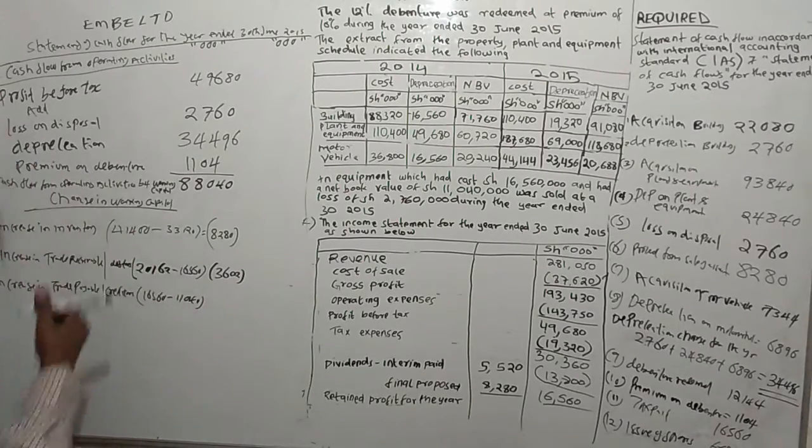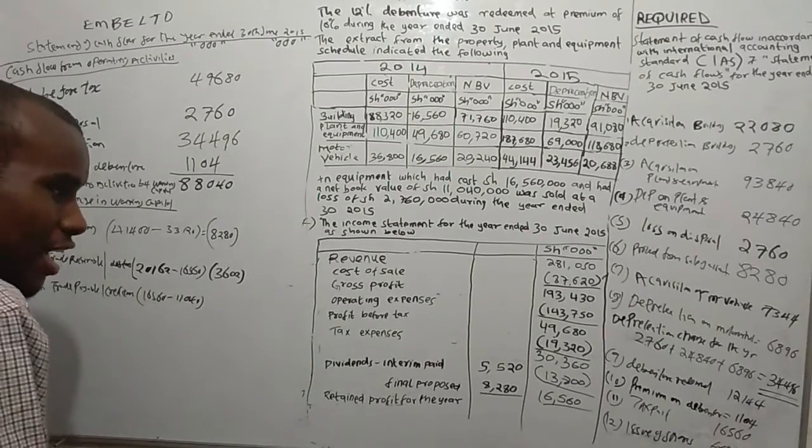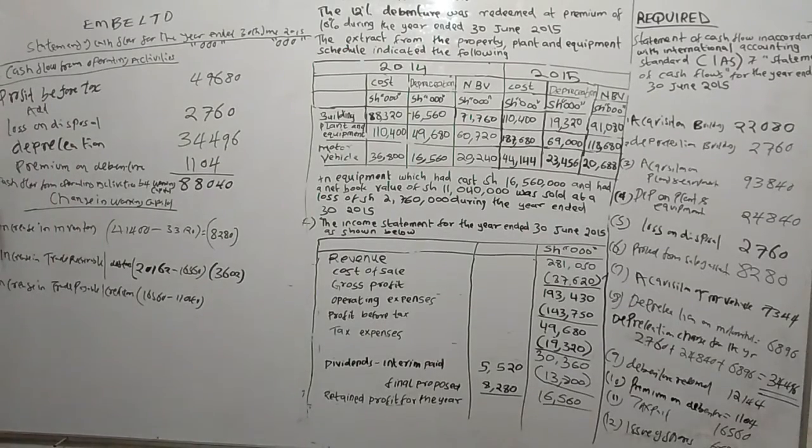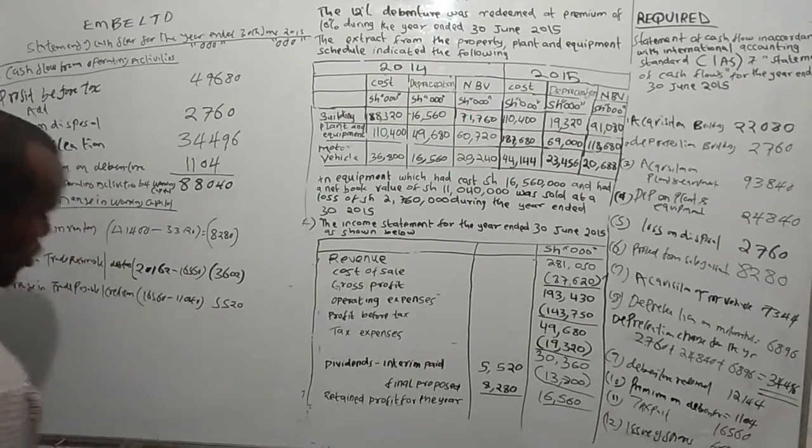This is an increase. An increase in current liability is an inflow, because your trade payable has increased. That's why it's an inflow, so we'll have a positive sign of 55,20.